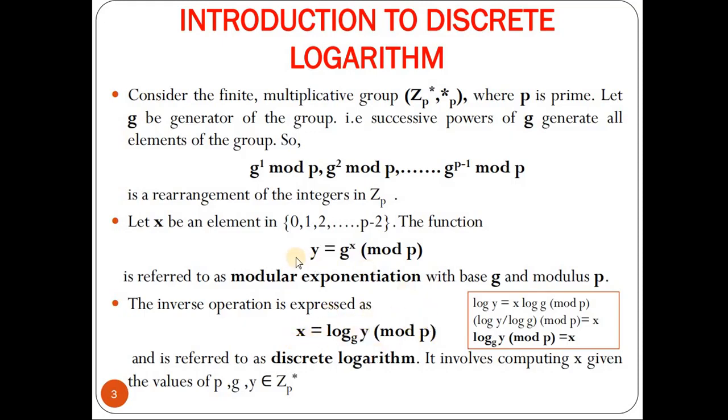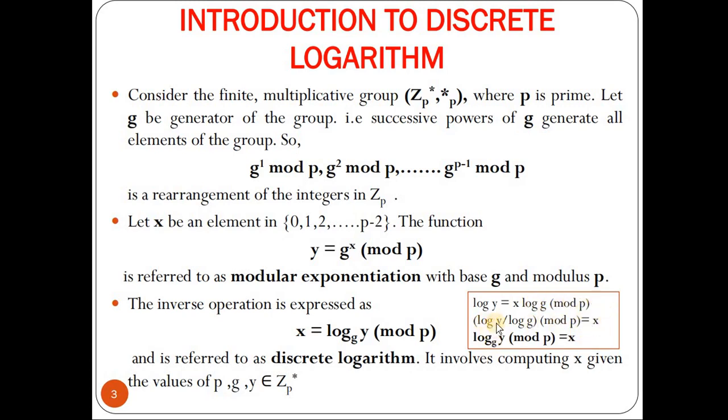We'll see that. So given the modular exponentiation formula, apply log on both the sides. So it will be log y is equal to x log g mod p, as you can see here. Now let me get log g to the left hand side. So it will be log y divided by log g mod p is equal to x.